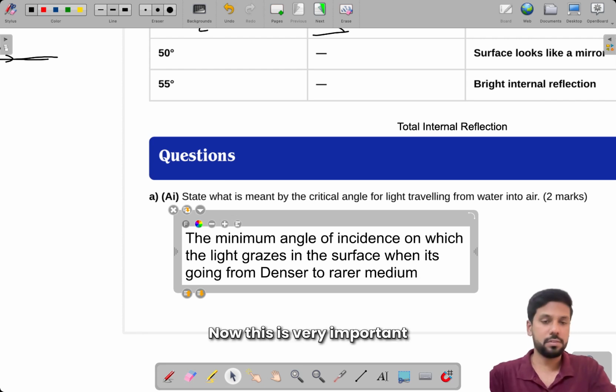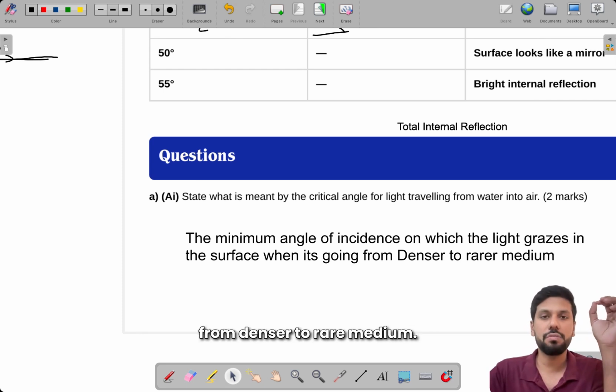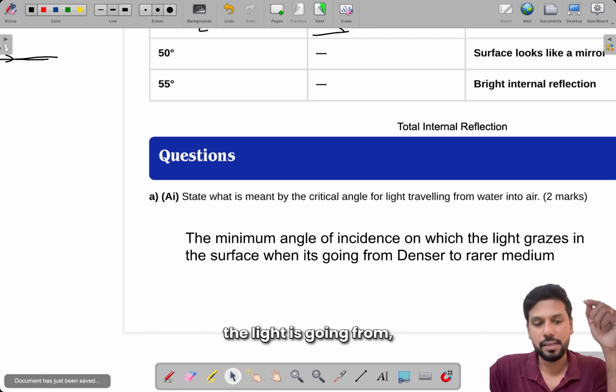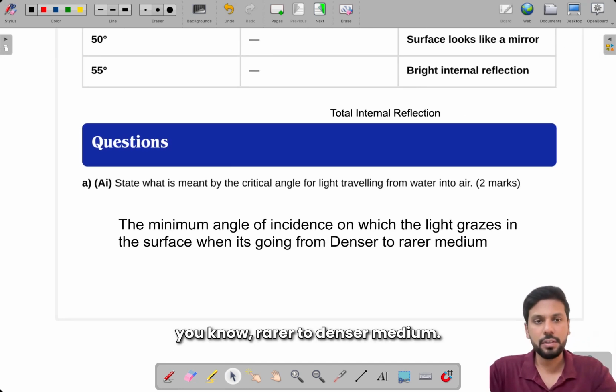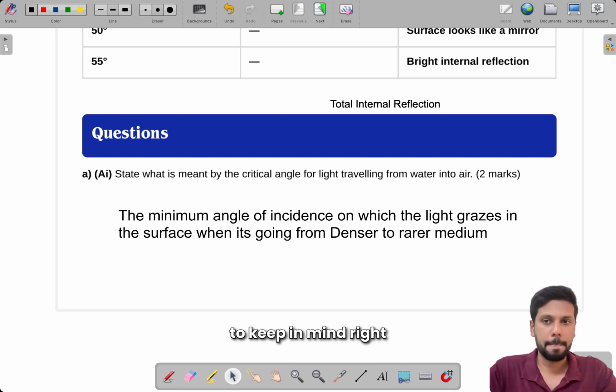This is very important for you to understand: this can only happen when light is going from a denser to a rarer medium. There is no TIR and no critical angle when the light is going from a rarer to a denser medium. That is something you need to keep in mind.